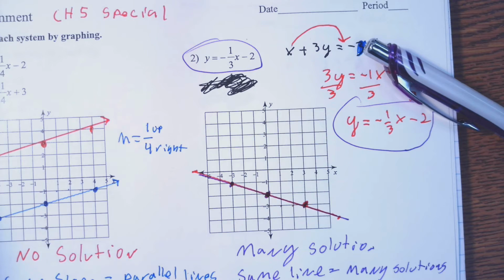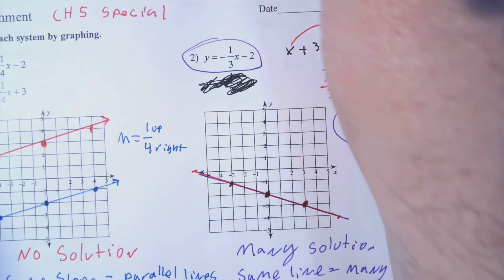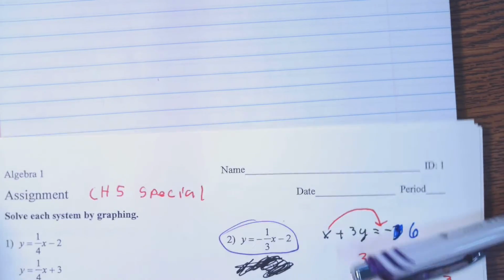Okay. This next problem is going to be overly easy. You don't need to do it on the graph paper anymore because sometimes we have problems that we can't graph. And I'll make this overly easy.